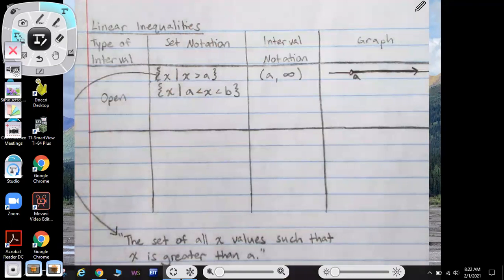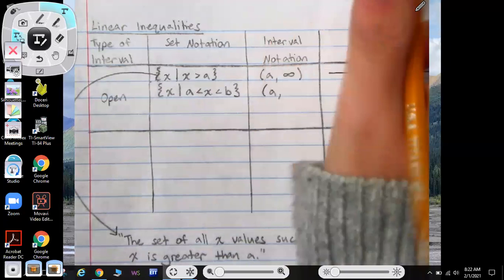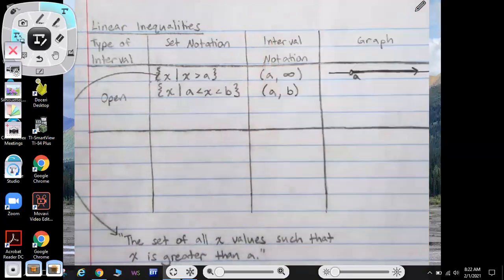The interval notation would be from a to b, with parentheses on both sides.